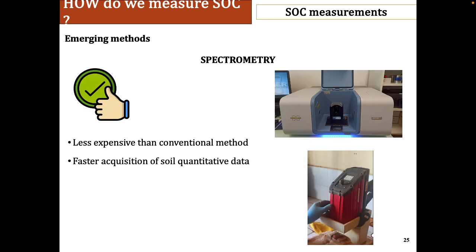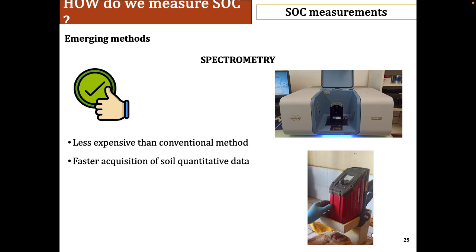But we have an emerging method that uses spectrometry, which is less expensive than the conventional method, and permits us to obtain faster acquisition of soil quantitative data. We have different materials to do that.